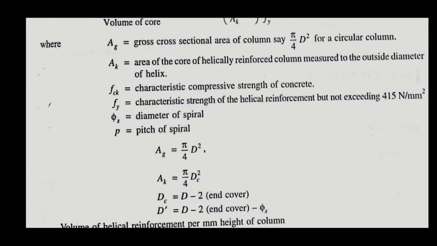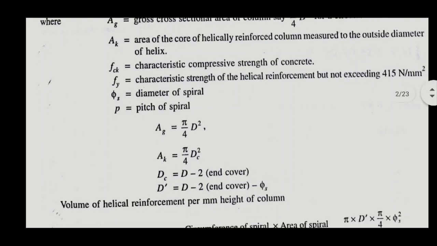Now Dc, the diameter of core, is whole diameter minus 2 into end cover, because on two sides there is cover. D dash means the inner core diameter, that is equal to D minus 2 into end cover minus phi s, that means the diameter of spiral. This is how we can find out the inner diameter of the core. So the outer diameter of the core is Dc and the inner diameter of the core is D dash.